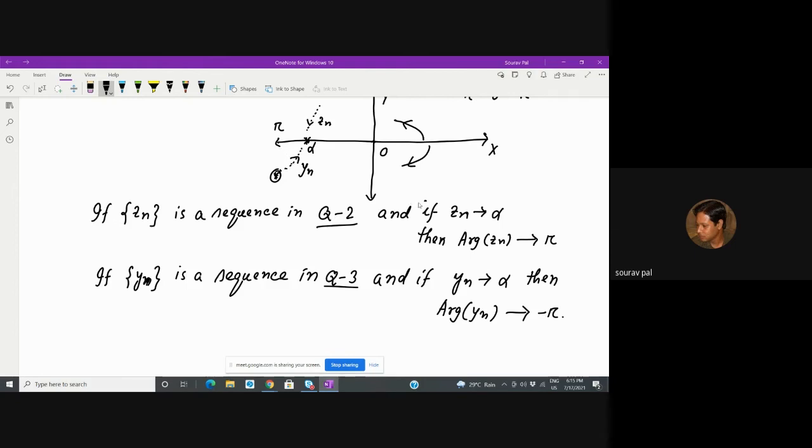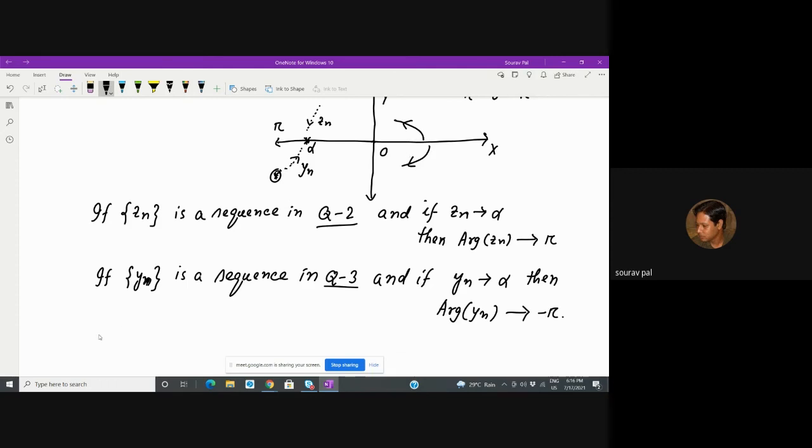then the function argument, though it is a well-defined function on the entire complex plane minus 0, is not continuous on this line. But for any point other than on this line, if you just remove this line, any point in the rest of the plane, it is naturally continuous. There is no issue at all.